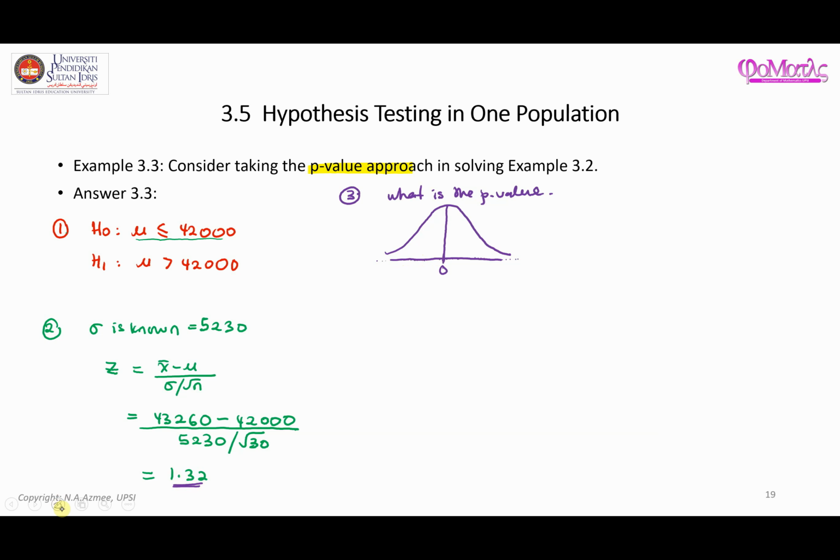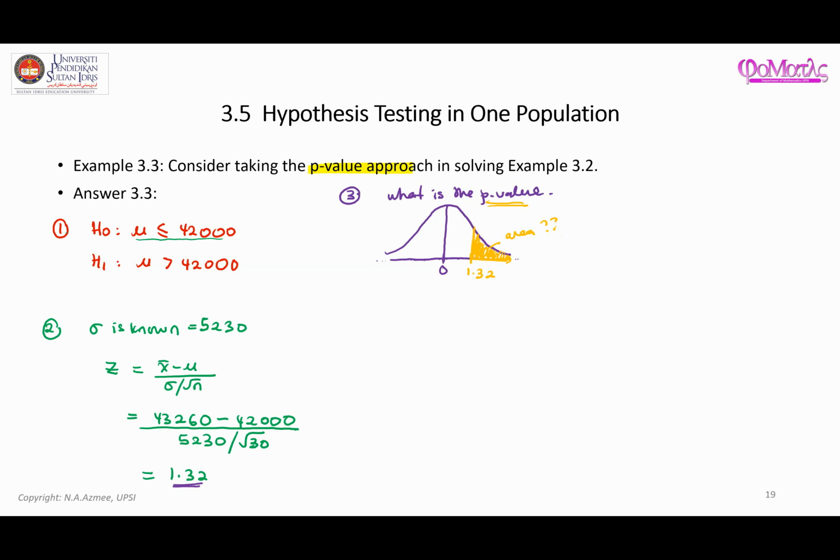Since this is a positive value, 1.32 is going to be somewhere here, and the p-value we are looking to find is the probability of this area from 1.32 to the right.